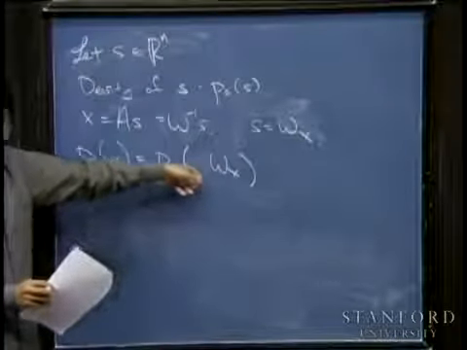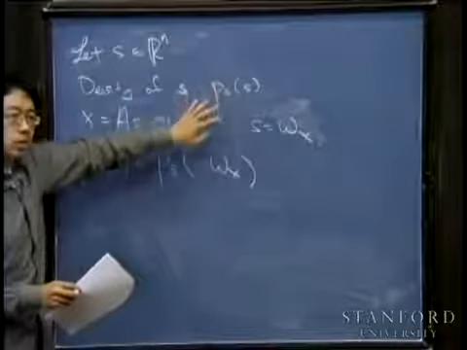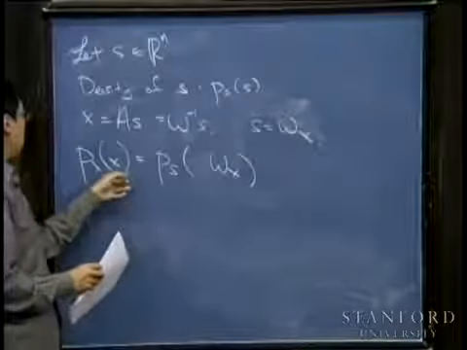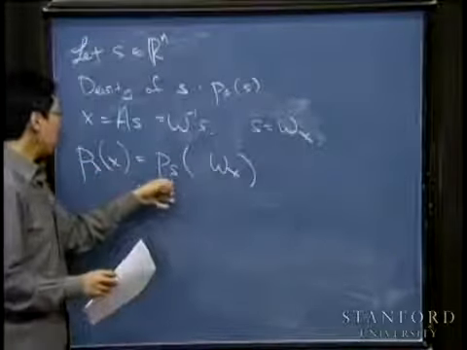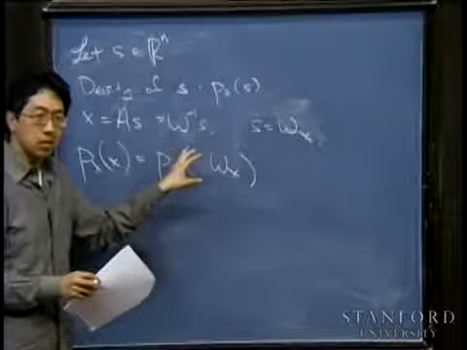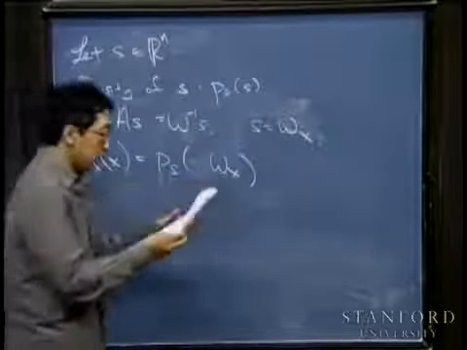So this is wrong. It turns out you can do this for probability mass functions, but not for continuous densities. You can't say the probability of X is, well, you just figure out what S is and then apply the probability of S to that, because this is a probability density function.